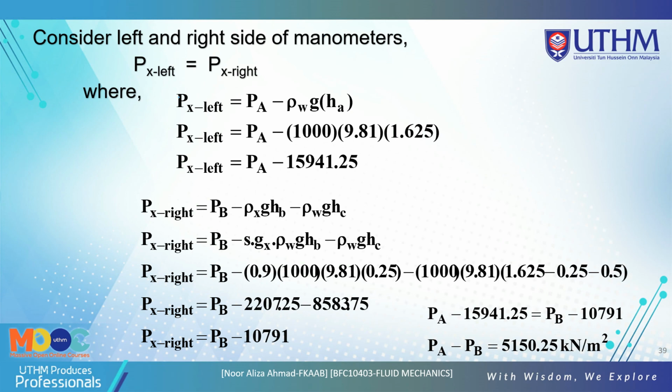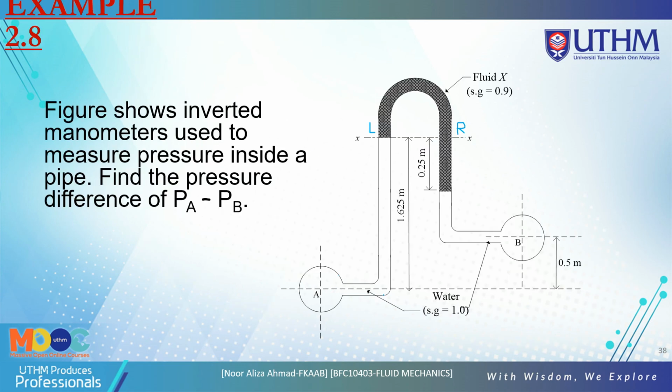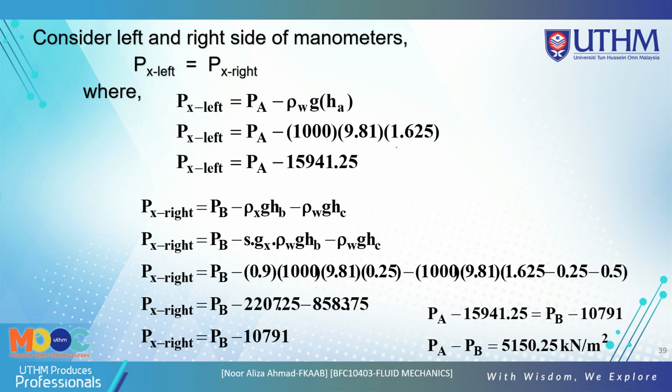So the left side, okay, consider the PA. Okay, pressure at A, and density of water times by G times by H here. Okay, 1.625 meter. That's why you get the pressure at A minus the density of water here times by 9.81 and 1.625.